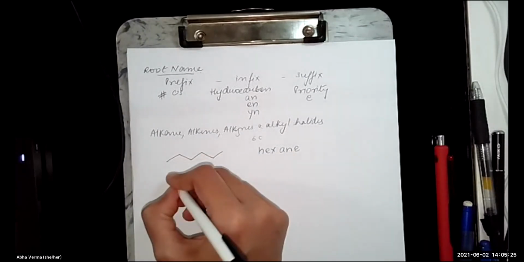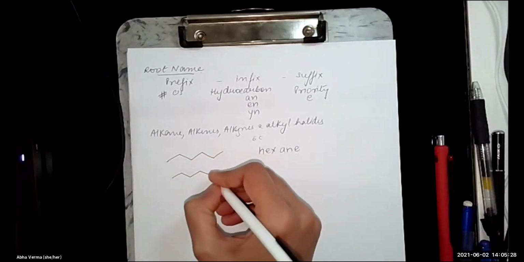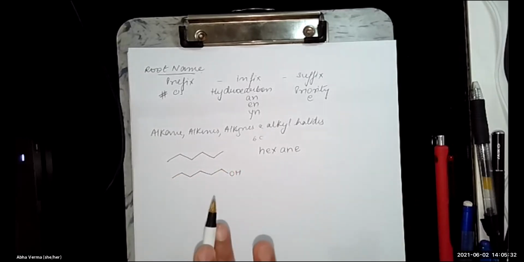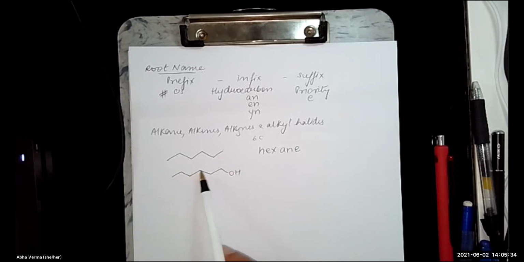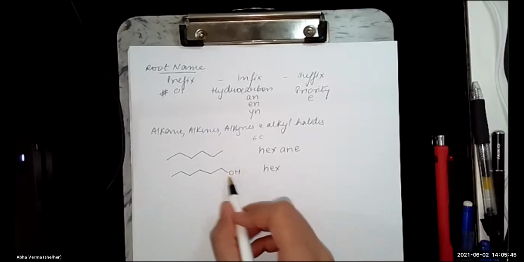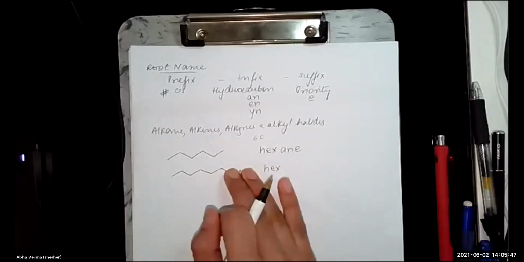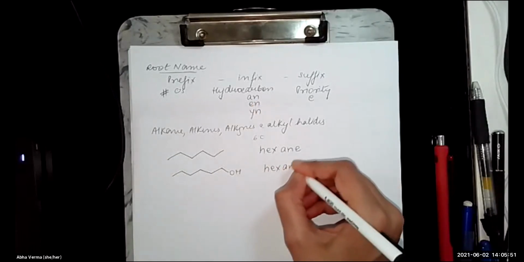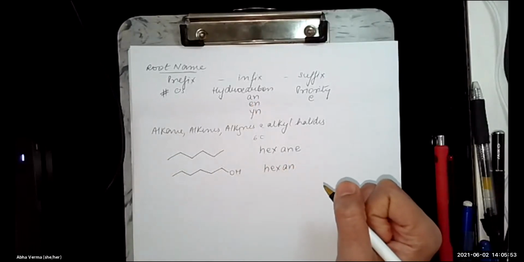Let's do another. Now this is not in your course, but I wanted to show this to you. Again, how many carbons are there? Still 6. So the prefix is hex. Still throughout, not considering the functional group, throughout there is an alkane. I will write the word an.